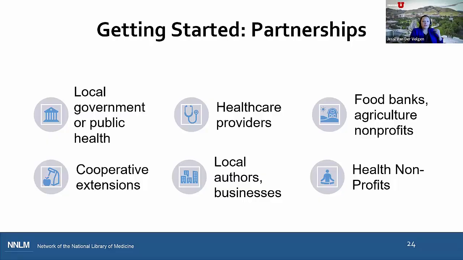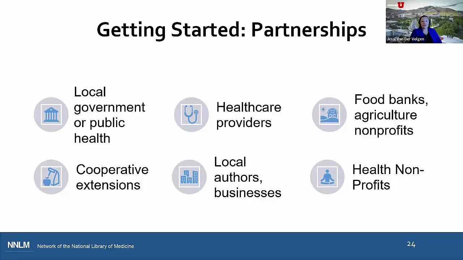These are some types of partnerships to consider. Your local government or public health offices, the library of your community college or university, or if that's where you are, partnering with your local public library, some of your healthcare providers, food banks, agriculture nonprofits, SNAP educators, cooperative extensions.